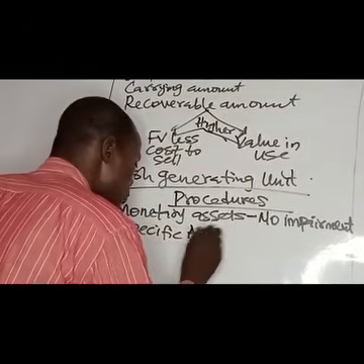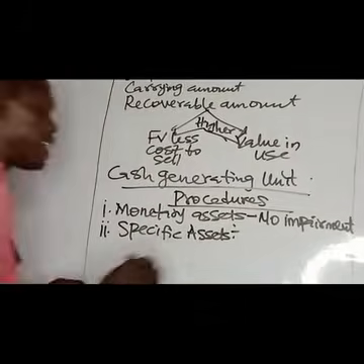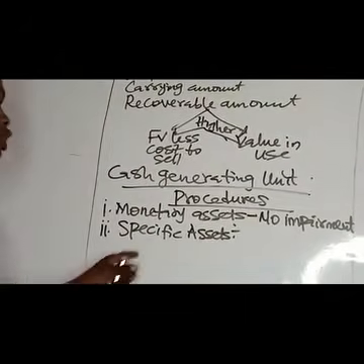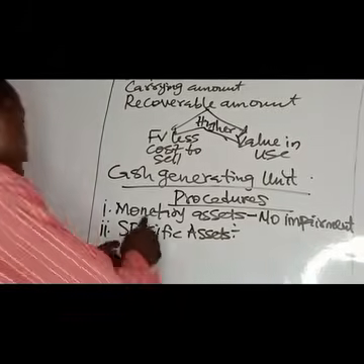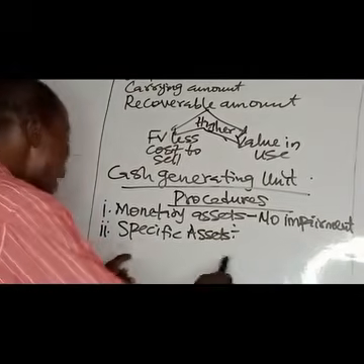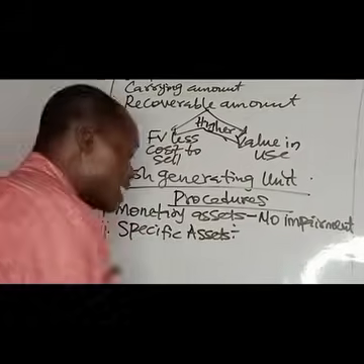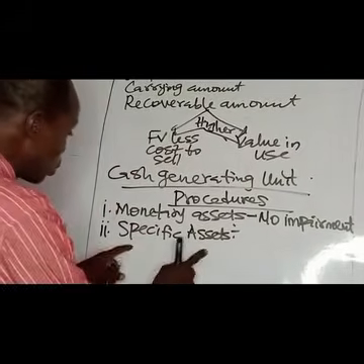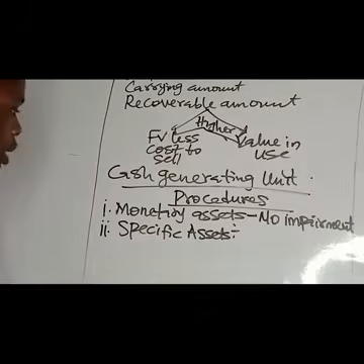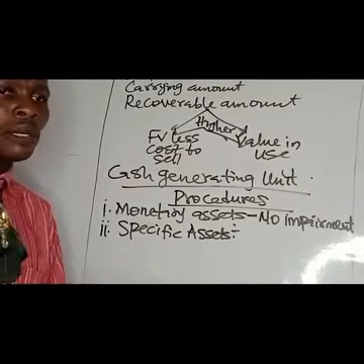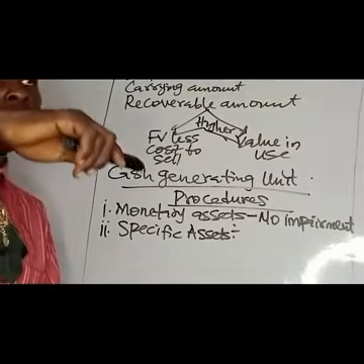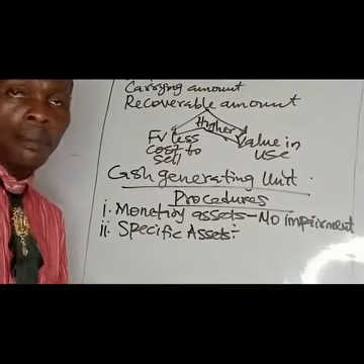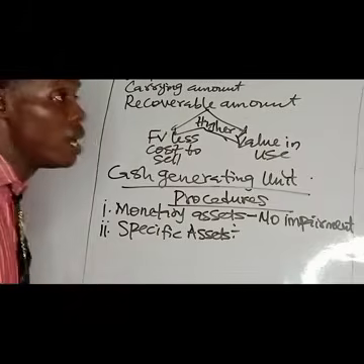Number 2, we have specific assets. Where a particular asset suffered an impairment, the amount of impairment loss suffered by that asset is the amount of impairment loss you are going to allocate to that asset. Maybe you have land and building, plant and machinery, motor vehicles, and maybe the motor vehicle got an accident during the period and it is completely damaged.